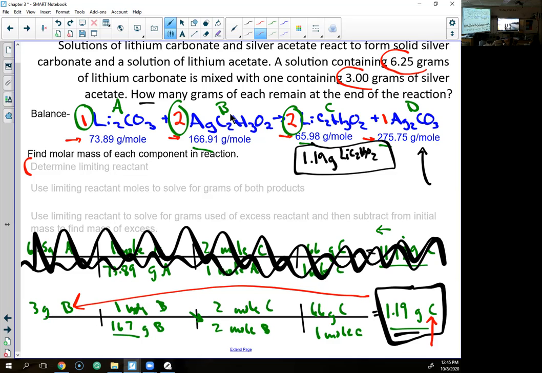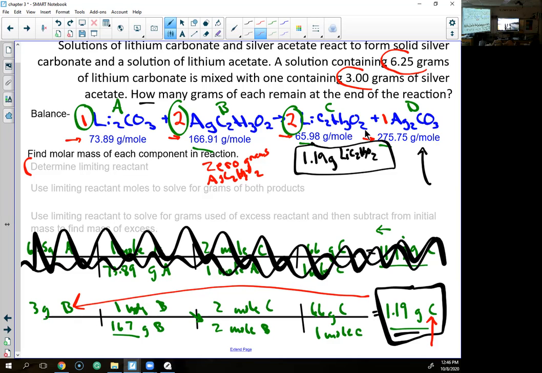What's the mass of B at the end then? Okay, maybe it was Bennett, but the limiting reactant's grams at the end are 0. We have 0 grams at the end of AgC2H3O2 because it was completely consumed to make C and D.